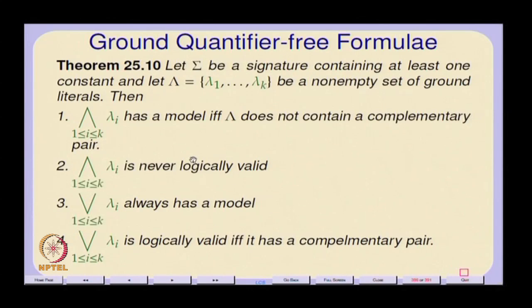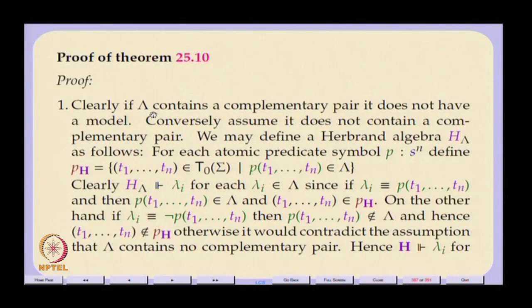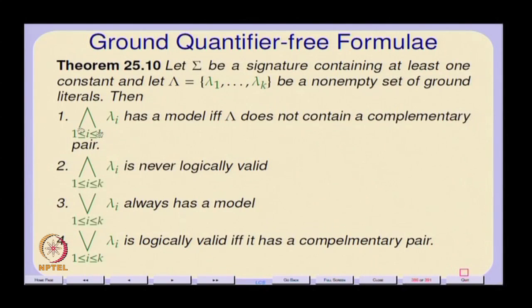Right. So, okay, let's prove this theorem. Let's take this big conjunction of lambda i's, and if it does have a complementary pair, of course, there is no way it can have a model. It's already gone, right. So, let us assume it does not have a complementary pair. If it has a model, then it definitely cannot have a complementary pair. That is one thing.